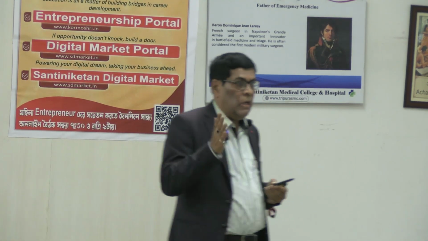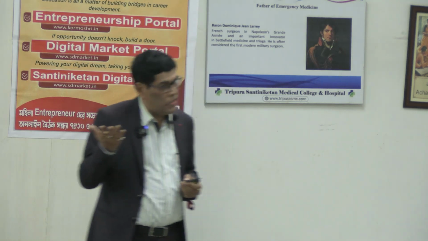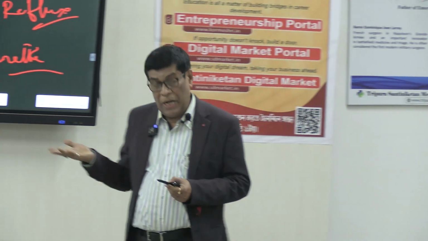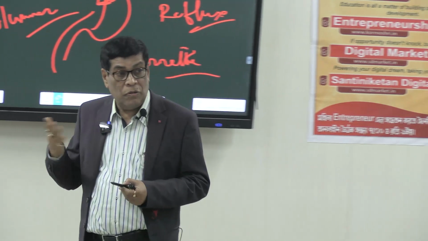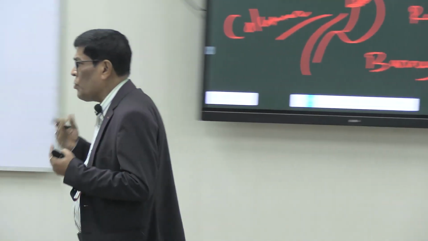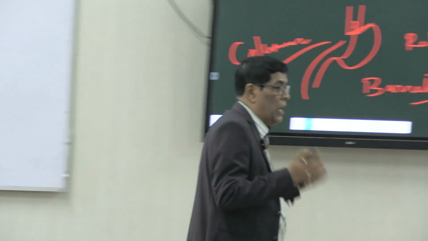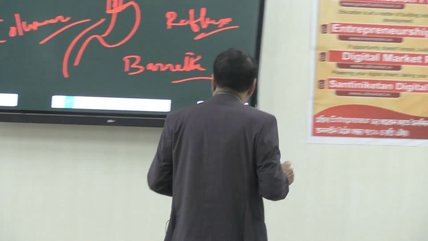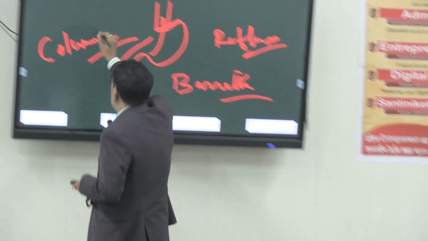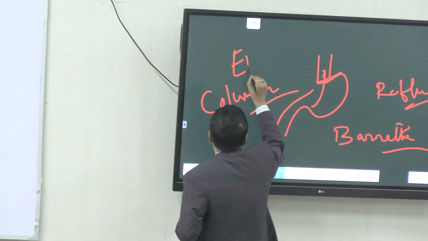These symptoms you will get only in 30 to 40% of the patients. Alright? The patient may have both gastric ulcer and duodenal ulcer as well. So you have to do some sort of investigations. Investigation of choice is your upper GI endoscopy. You will be knowing what is endoscopy.